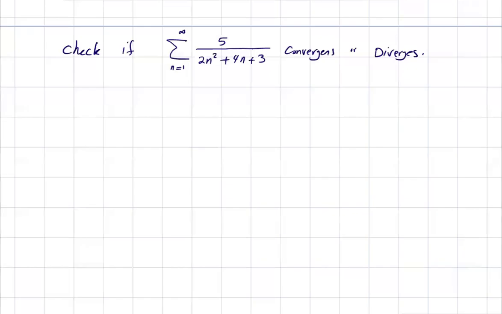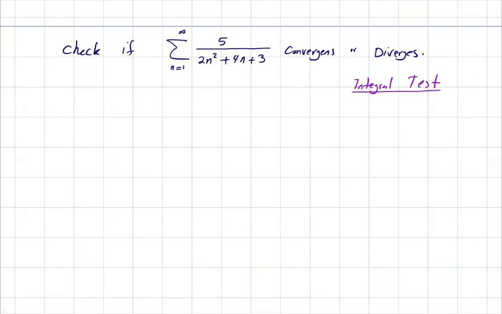What's the behavior of this series? 5 divided by 2n squared plus 4n plus 3. You might say, hey, I want to apply the integral test. To apply the integral test, you have to check 3 conditions.